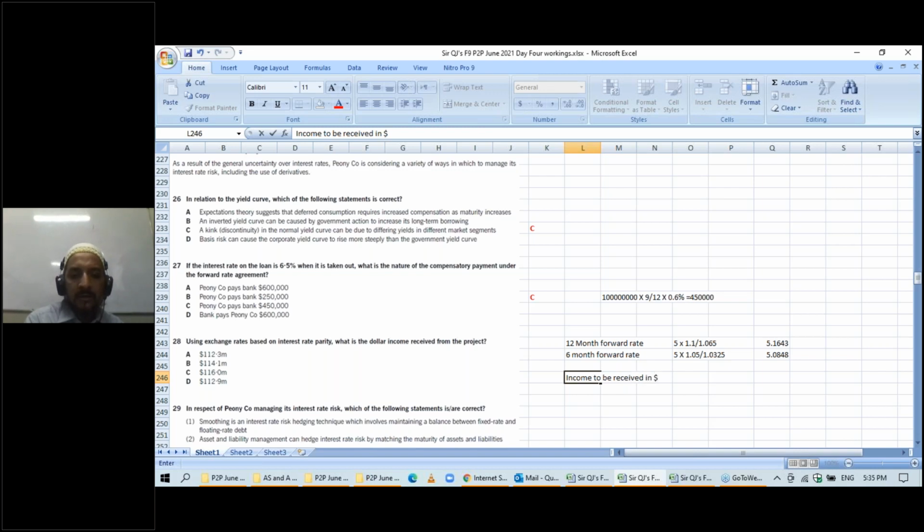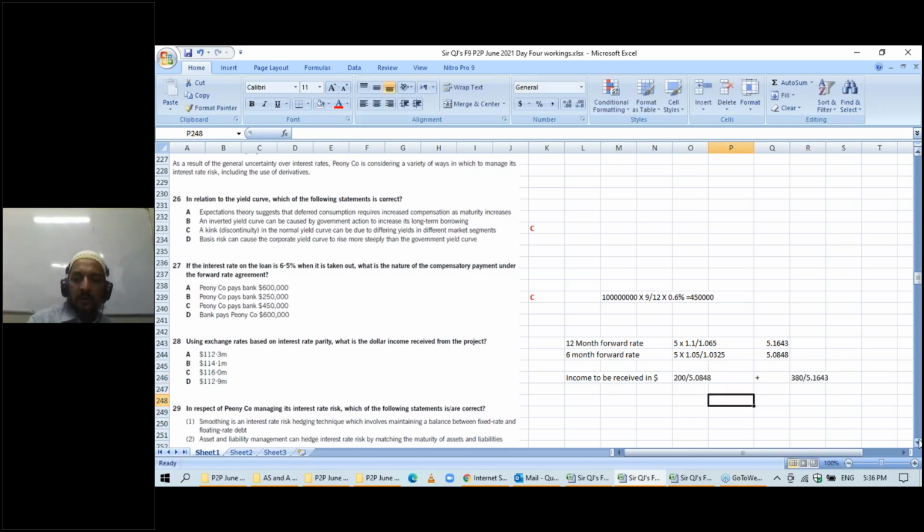So now the income amount in dollars, the local currency, will be: the first amount was of 200 million, which will be received in 6 months time. So for 6 months time, we'll be using 5.0848, plus the second amount will be received in 12 months time. And for that, the forward rate will be 5.1643. So 380 divided by 5.1643.